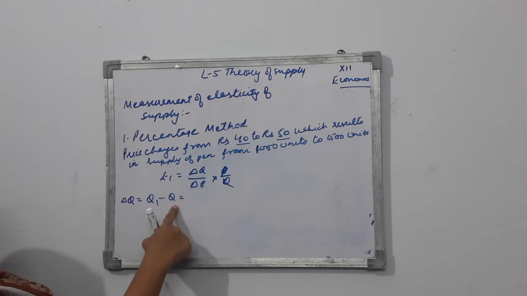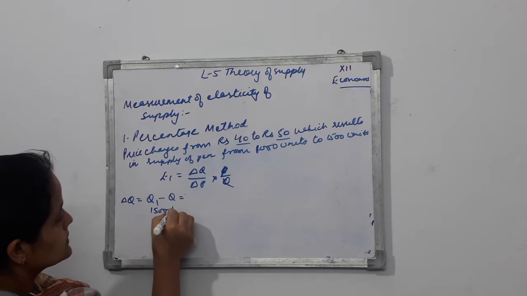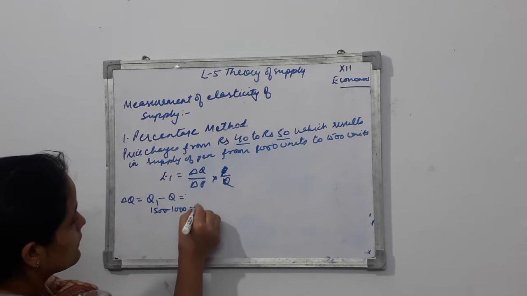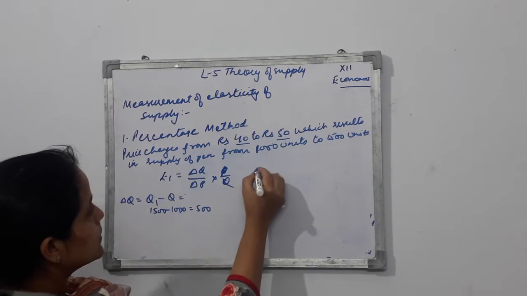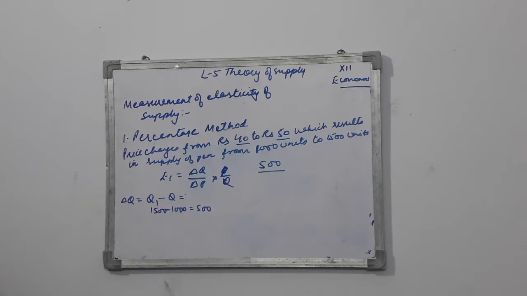This is your new quantity and this is your old quantity supplied. So 1500 minus 1000 gives you 500. So delta Q is going to be 500. Delta P, same way we are going to find out.